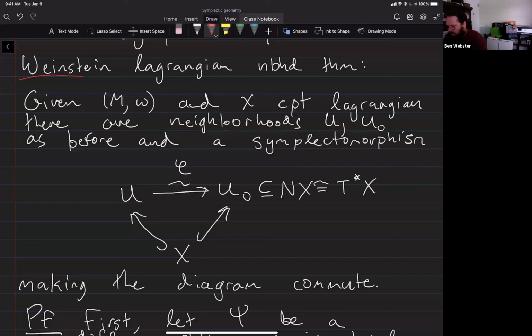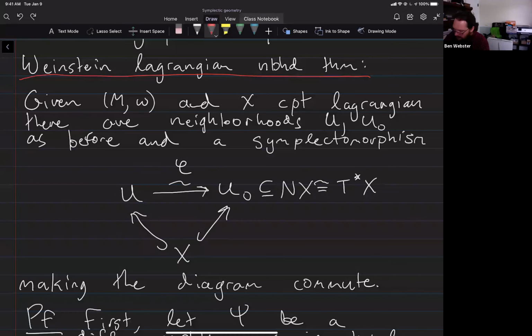So there's this Weinstein Lagrangian neighborhood theorem. If I have any symplectic manifold, again not assuming compact, and a compact Lagrangian submanifold inside it, then there's a neighborhood U of X inside M, and a neighborhood of X inside the cotangent bundle, which is the same as the normal bundle, and a symplectomorphism between them.